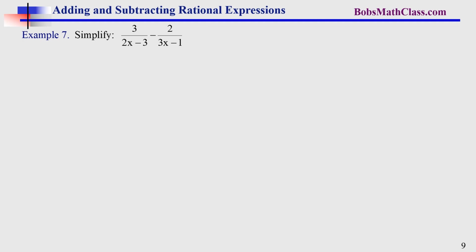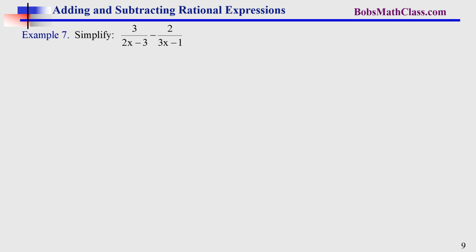Okay, here we go. Our denominators are binomials. And they're totally different, right? 2x minus 3, 3x minus 1. So our LCD is just going to be each factor. It's going to be 2x minus 3 and 3x minus 1. So when the factors are different, we simply multiply the factors to get our LCD.